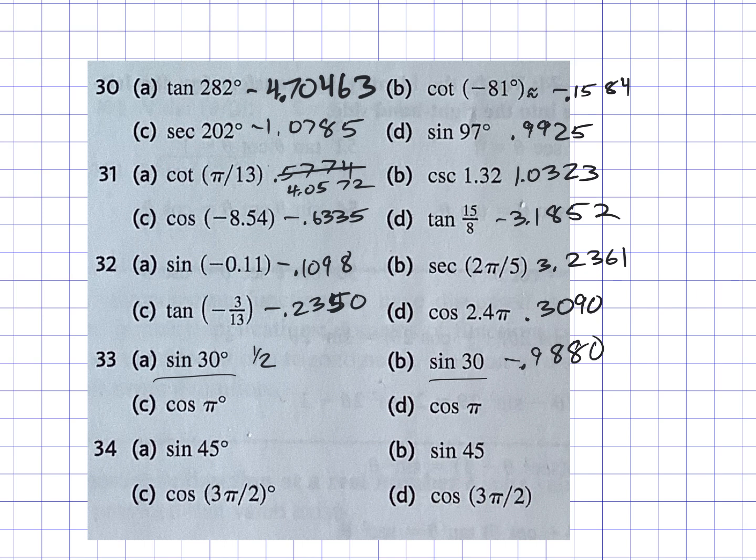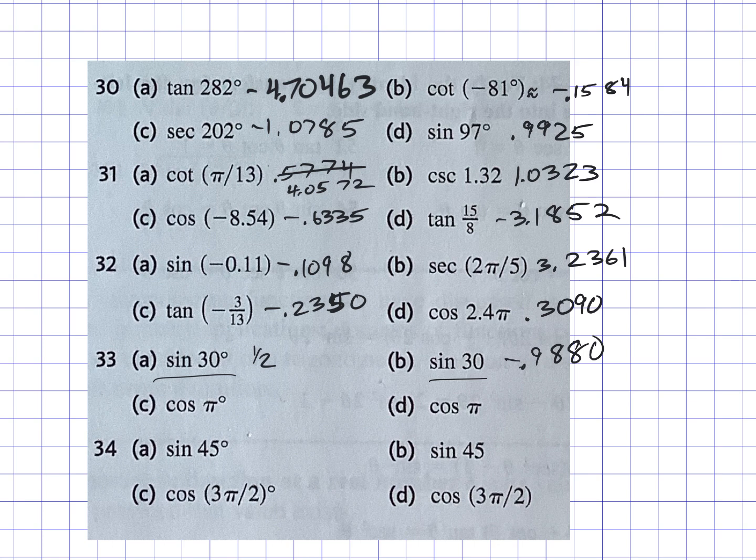Let's go cosine of pi degrees. So now you've got to be in degree mode, and the cosine of pi degrees is 3.14 degrees, okay? So if you just hit pi, it's assuming that you're talking about 3.14.